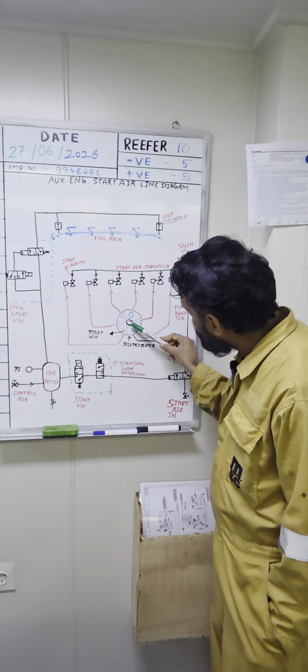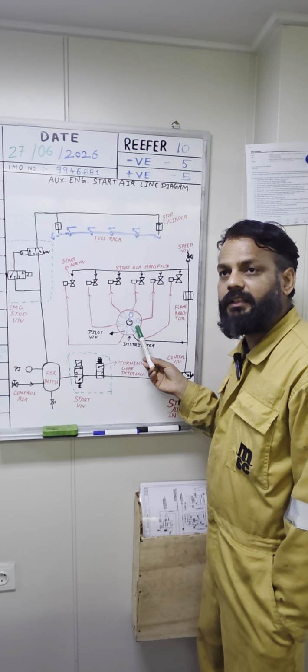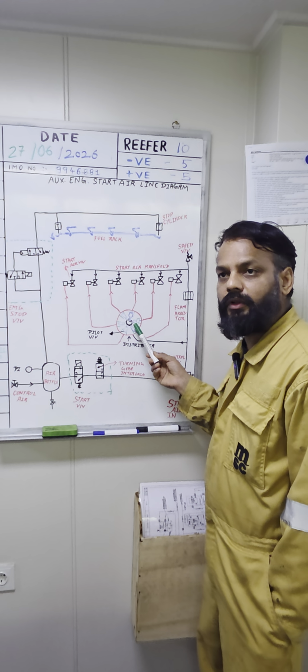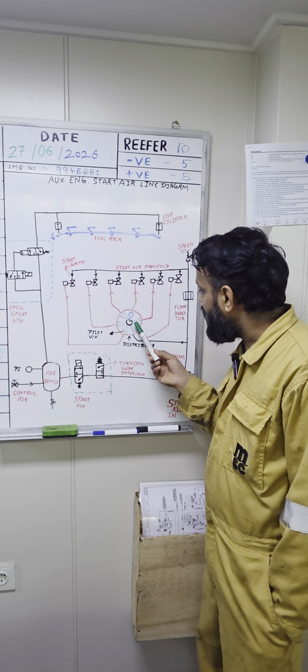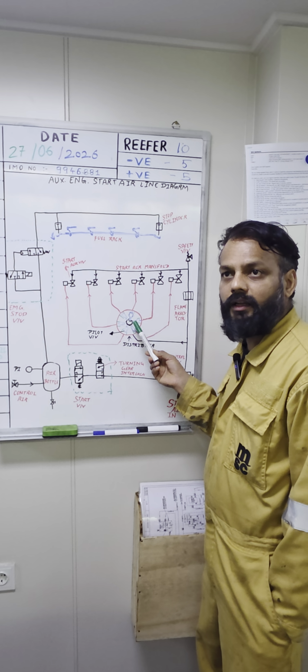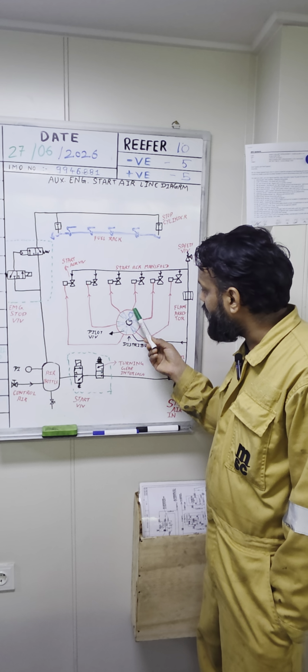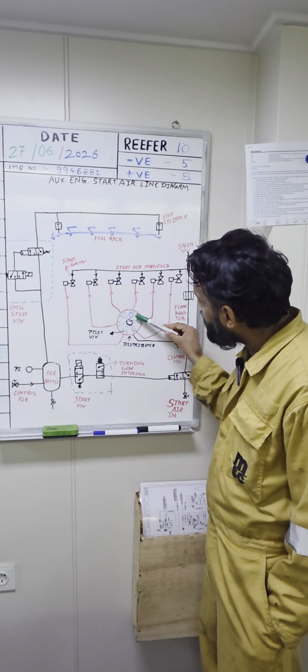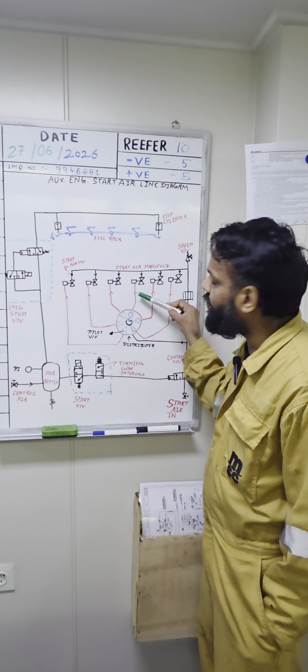This cam is already inside this control valve, the pilot valves having a roller also. Now these are resting on the base profile of the cam, and this pilot valve is already on the negative profile. So this will connect this air line to this one.